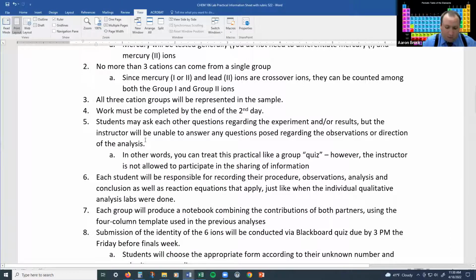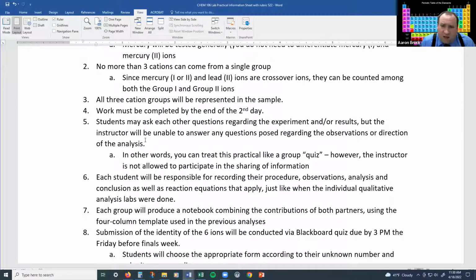So you won't necessarily have the same unknowns as everybody else, but you will have the ability to look at each other and say, okay, does this look like a positive test? Does this look like a negative test? You can talk to each other. You can certainly talk between classes because there will be overlap among sections.